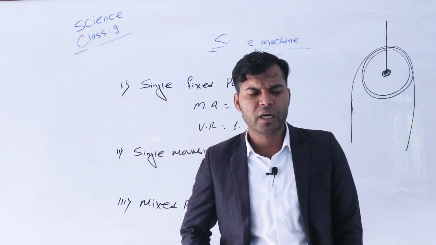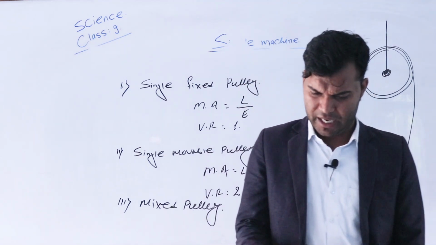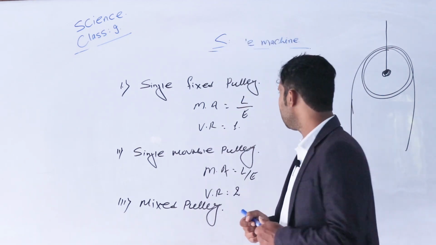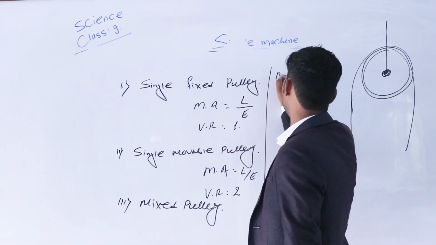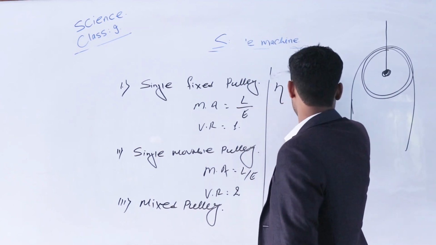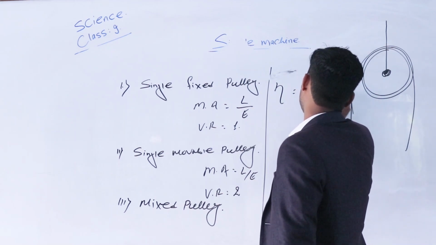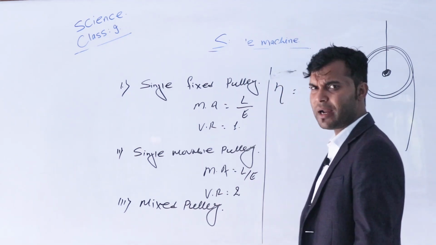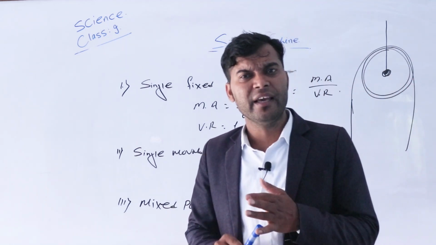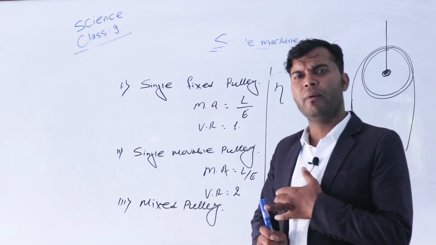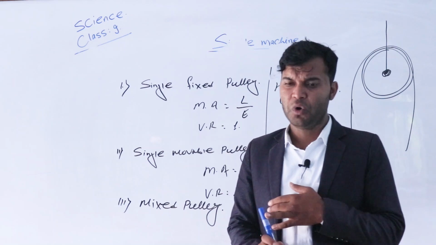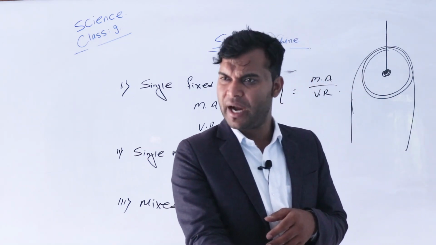Hope you are clear about MA and VR. The efficiency of a pulley system is equal to MA upon VR, by applying this formula. In a block and tackle, the number of pulleys is equal to the VR. In a fixed pulley, VR is always 1. In a single movable pulley, VR is 2. Hope you are clear about that.